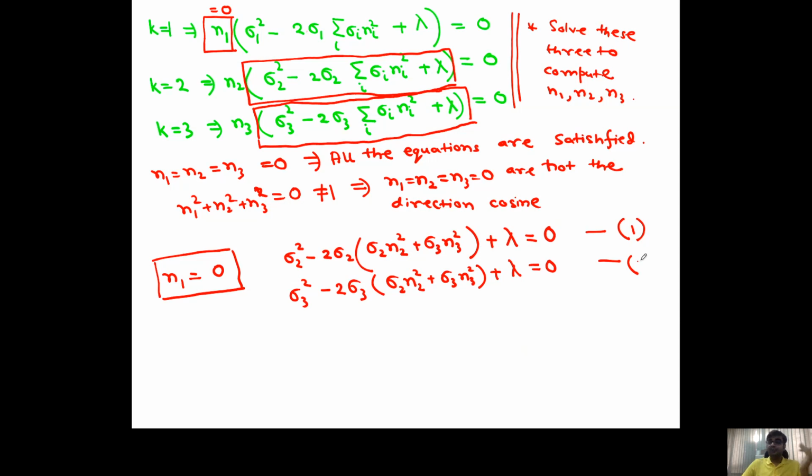Now lambda is something unknown, so we want to eliminate lambda. For eliminating lambda, what we do is we subtract 2 from 1. And what will it give us? The first term will be sigma 2 square minus sigma 3 square, right? And then if I take minus 2 common, this term inside the bracket is same, so I can write it as it is.